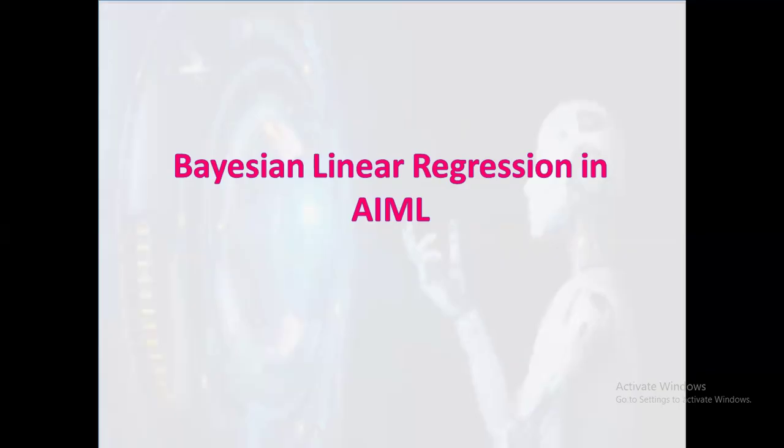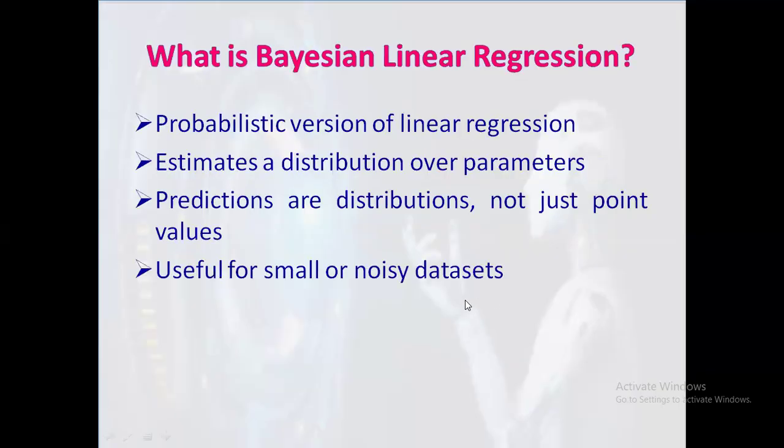By incorporating prior knowledge and updating it with new data, Bayesian linear regression enables robust modeling. It also facilitates model comparison and selection through Bayesian model evidence. Overall, it's a powerful tool for AI and machine learning. We'll see one by one.